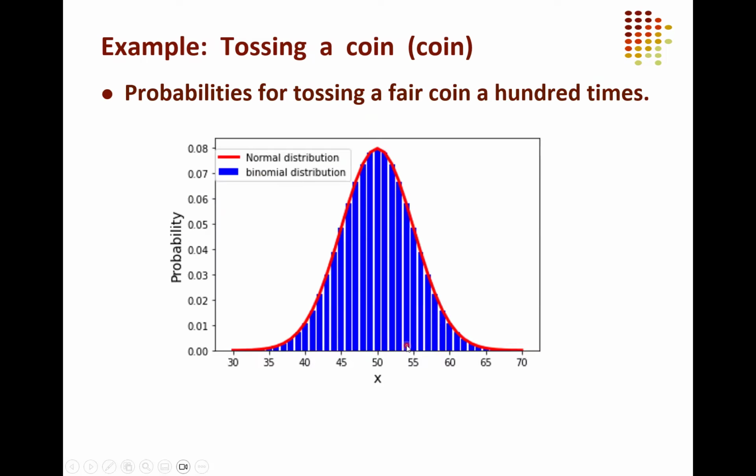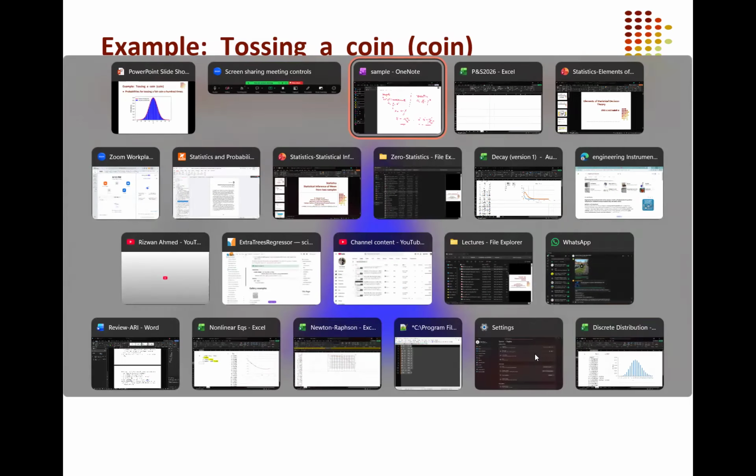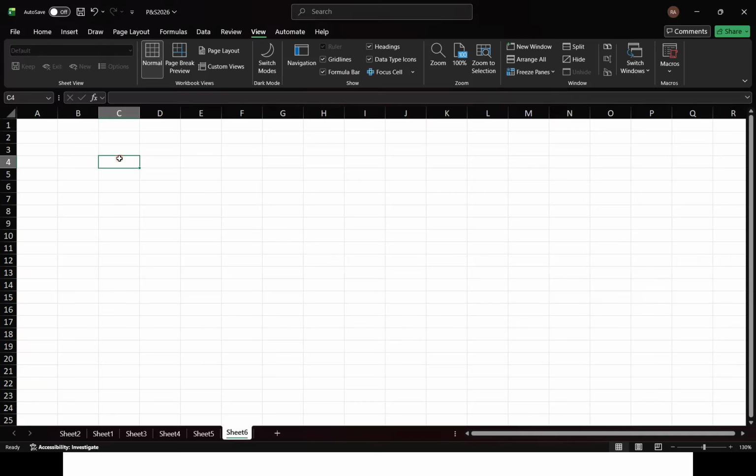For example, what is the probability that we have beyond 80? So let's calculate that. I will calculate it in a Microsoft Excel sheet. For example, I have a mu value equal to 50 in this case. Say n trials are 100, and the probability of success is 0.5.